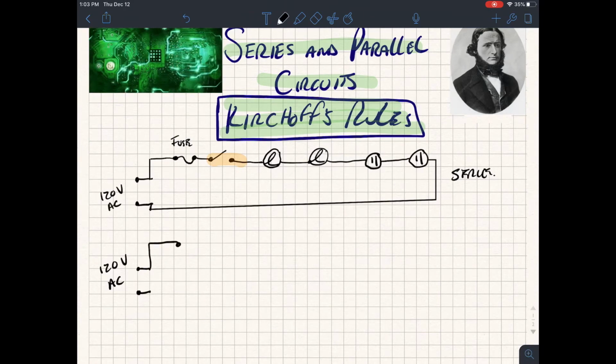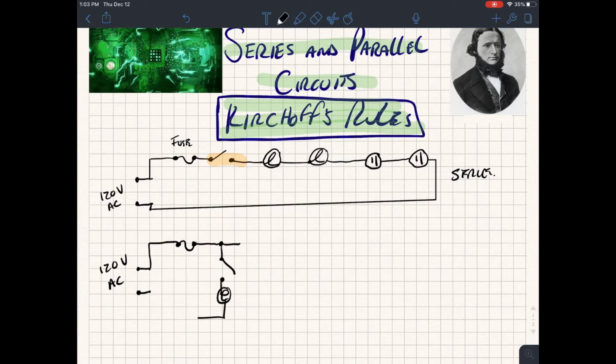and once again, because we're safety conscious, we want to have a fuse, which is one of my favorite symbols. And then we're going to have a junction where the electrons can choose a path to go to. We are going to have this one as an open switch, going to the light bulb, and going back to the wall. So that's one circuit.